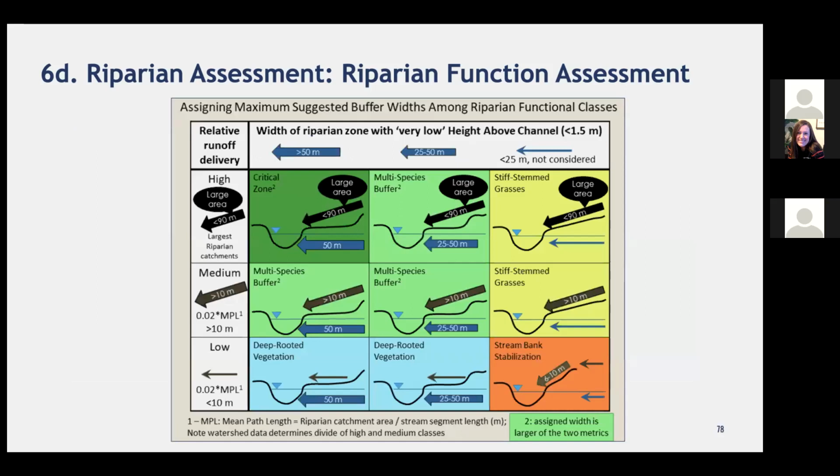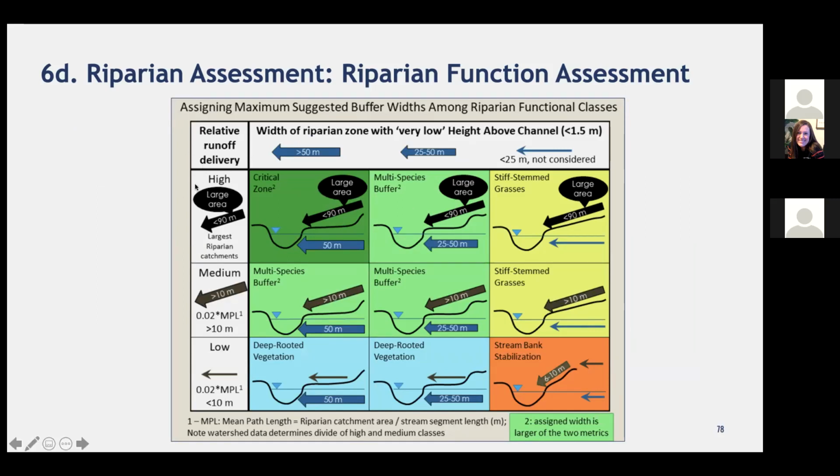So when we think about assigning our buffer widths among those riparian functional classes, or among those riparian assessment categories, we think about the width in accordance with the height above channel, as well as that relative runoff delivery ratio. Let's start with our runoff delivery ratio.